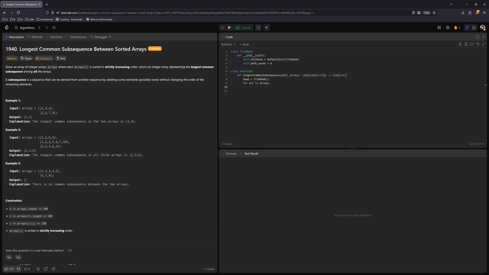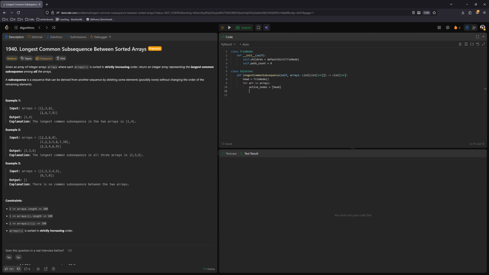Now, inside of here, we are going to have active nodes, and it's just going to be head to start. And then in each case, we can either add to it, or we can start a new one, right?